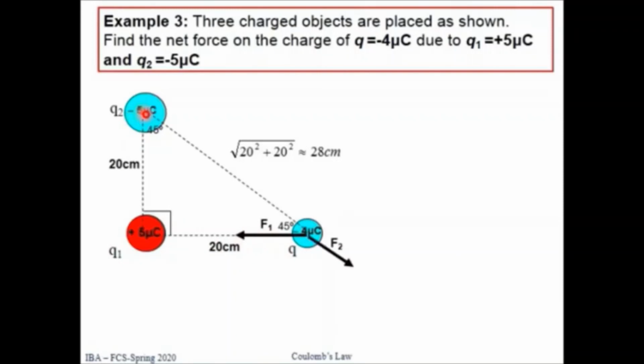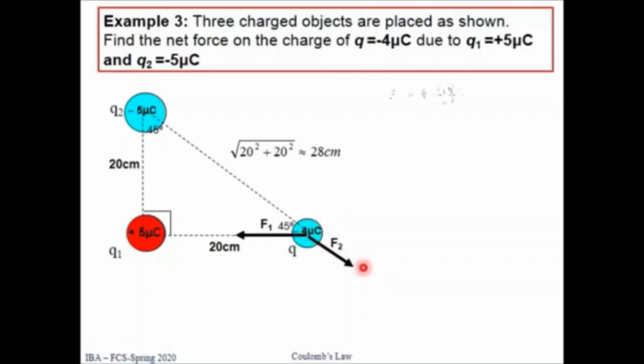The force from Q2 on Q is in this direction because of the same sign. There must be a repulsive force, and the force vector is away from the line joining the 2 charges. So we need to find these 2 forces, and in order to find the total force, we just add up vectorially F1 and F2.